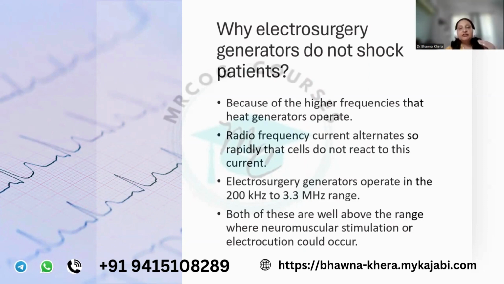We use energies in the 200 kilohertz to 3.3 megahertz range. The frequency is so high, well above the range where neuromuscular stimulation or electrocution could occur. So before the body could respond, the current has already changed direction.